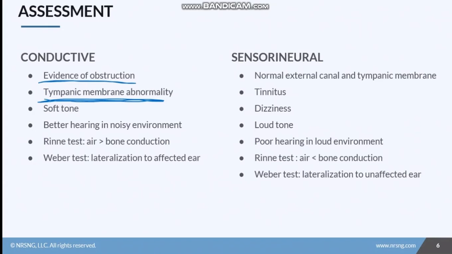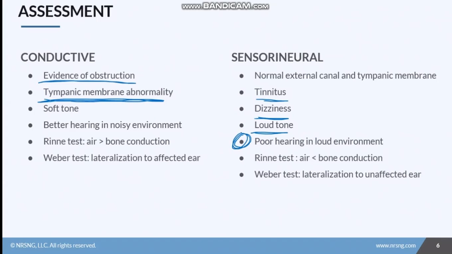And with sensorineural, these patients will have a normal external canal and tympanic membrane. So you won't actually see a visual defect in these patients like you will with conductive hearing loss. These patients can complain of tinnitus and dizziness, and they normally talk with a louder tone versus the softer tone with conductive hearing loss.